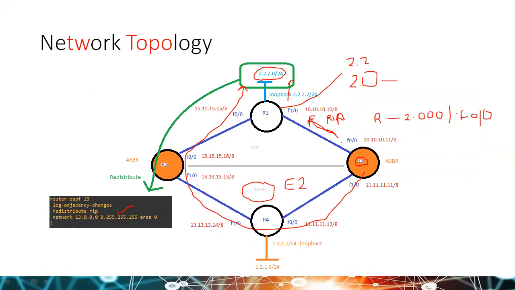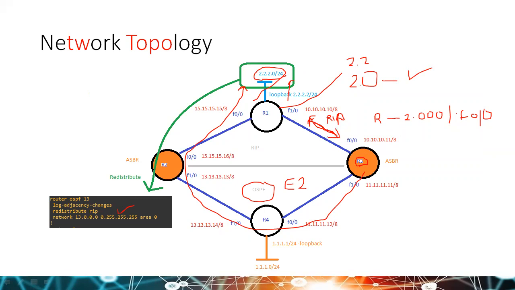Let's say I redistribute this same network, which I learned from OSPF, into RIP with a higher metric. R1 will delete its originally learned route and replace it with the route pointing towards R3.